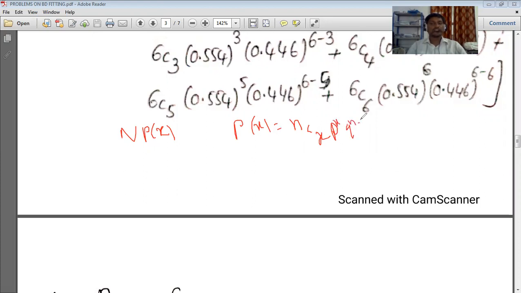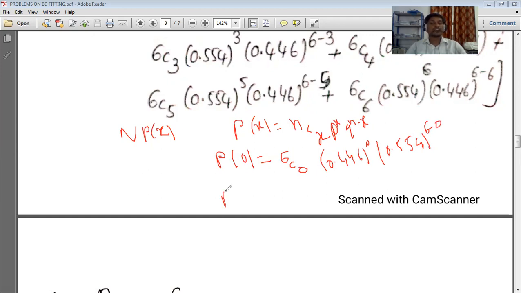So this is P of x. First we can substitute P of 0. P of 0 is nothing but n, already we know, 6C0, and p is representing 0.446 whole power 0, and q is nothing but 0.554 whole power 6 minus 0. This is P of 0.